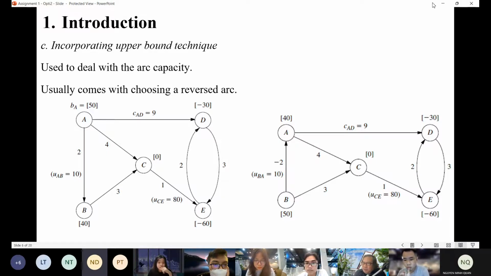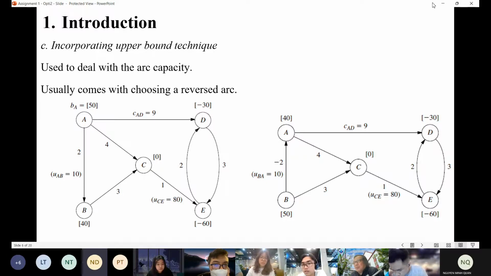This is exactly the same as a normal problem. You have a u_ij, you have the costs, everything is okay. b_i, for example, A is a supply node, D is a demand node, E is a demand node, C is an intermediate node.